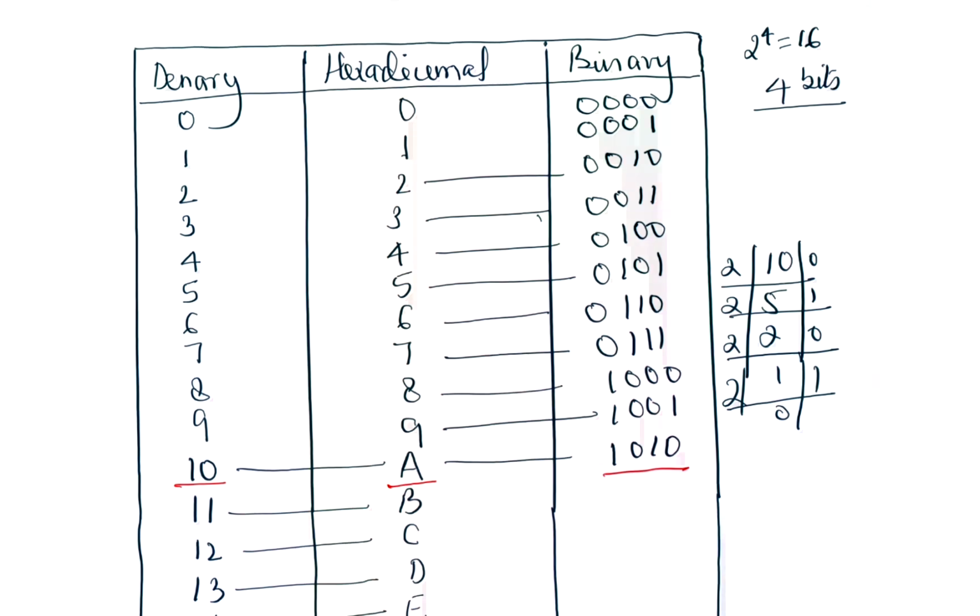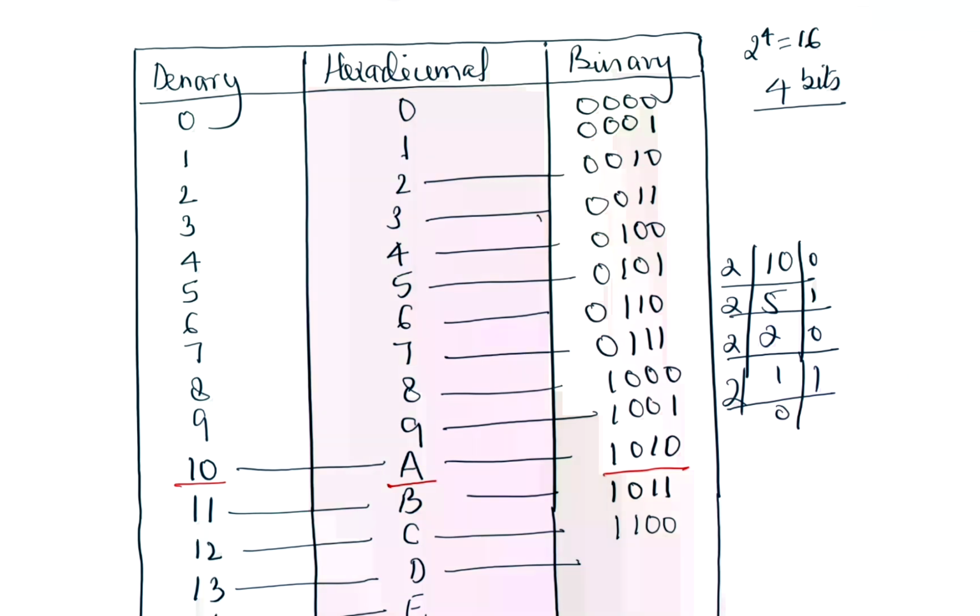So similarly, let's do for B, which is in denary the number 11 and is represented by 1011. C is represented by 1100. It's easy to put the numbers 1 1 0 0 together, but it's not called eleven hundred, it's 1 1 0 0 in real.